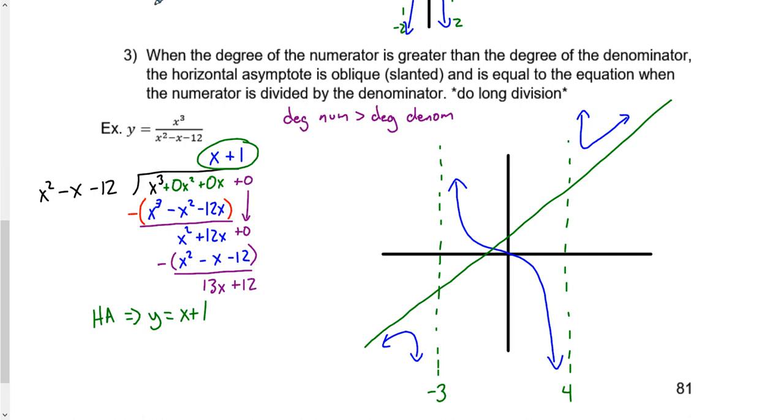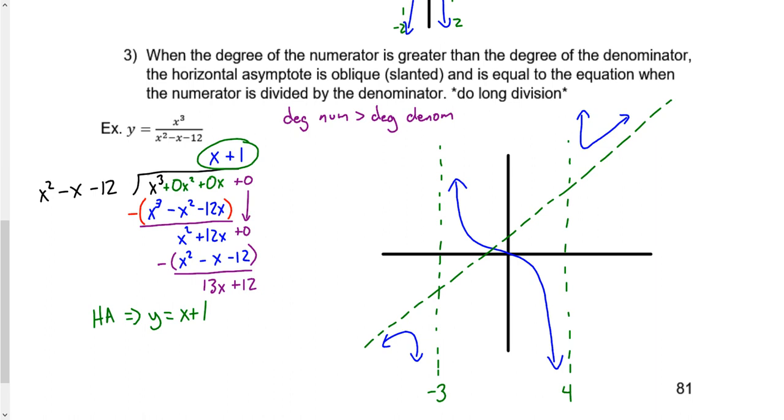Of course, when I draw my horizontal asymptote, I do make sure that it is dashed, because it is not an actual line, it is completely imaginary. Ta-da.